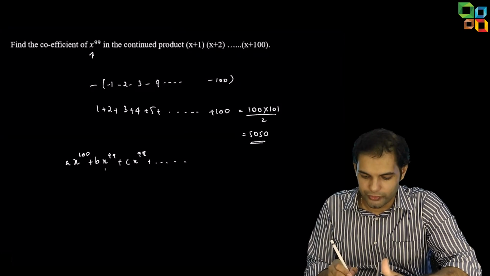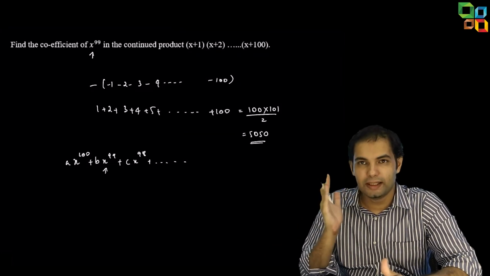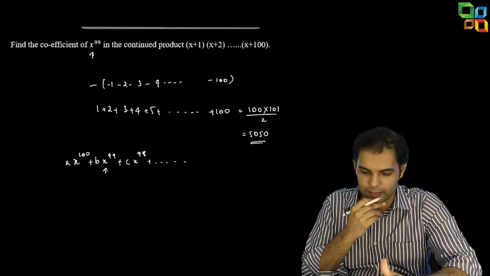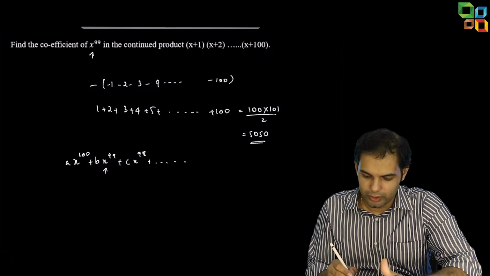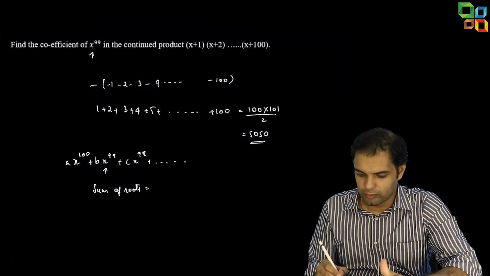He says that the coefficient of x power 99, which is 1 less than x power n, in this case x power 100, is nothing but the sum of the roots, equal to minus b by a.